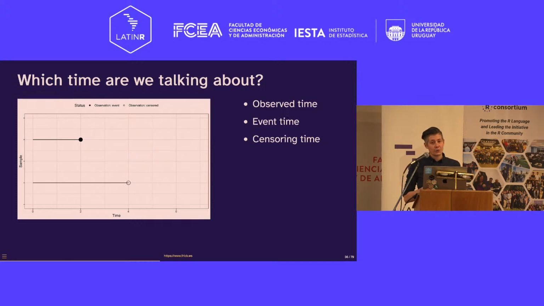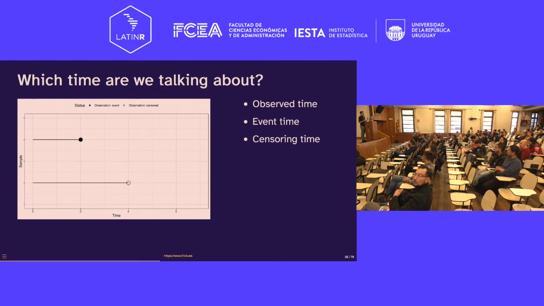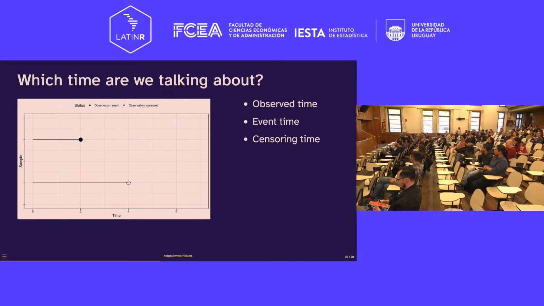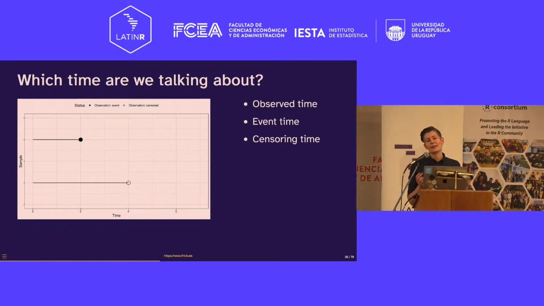Then that's not the only component of data for survival analysis. You have an event indicator that tells you whether there was an event happening or whether that observation was actually censored. So now you don't just have observed time, you have event time also and censoring time for the other ones.